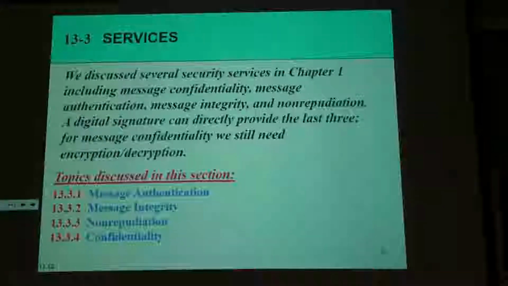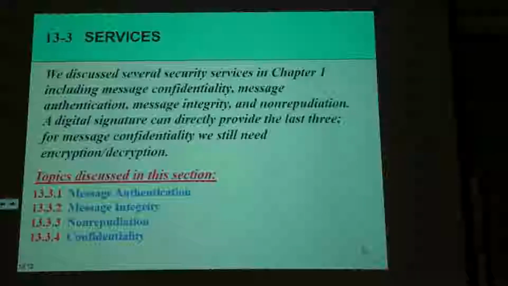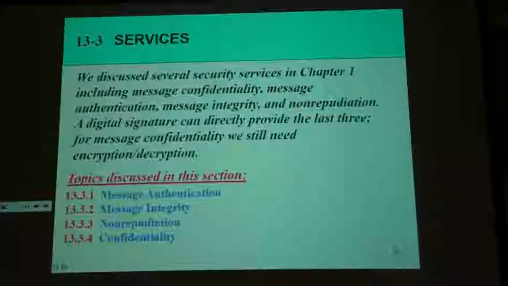Confidentiality is secrecy. Then message authentication by using a digest, so the message is not altered. Authentication means not altered. So what we did in the previous lecture, we created a digest. When the message is received, we check the digest again. If it's the same, then the message is authentic.